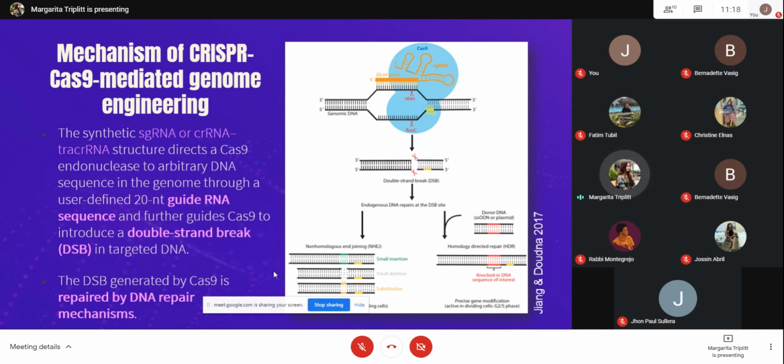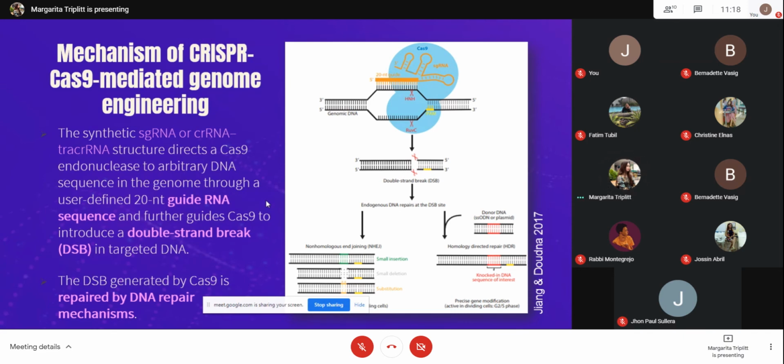And it is also a pre-designed guide RNA to bind to a specific DNA sequence, the specific part of the genome that we desire to cut out in eukaryotic organisms.